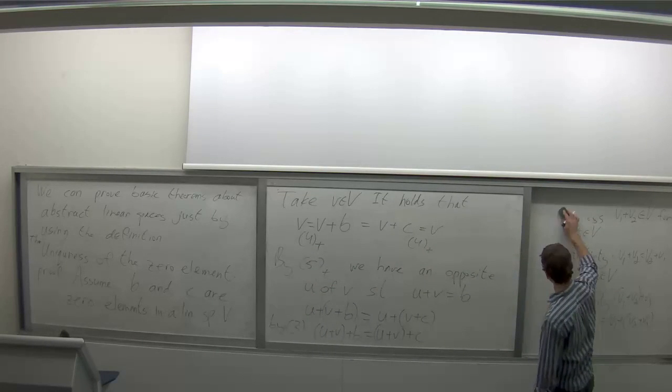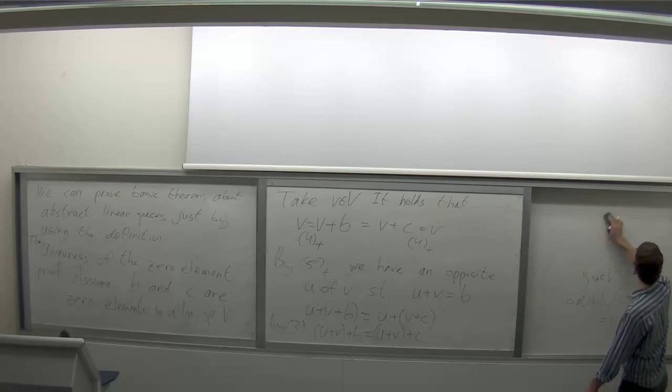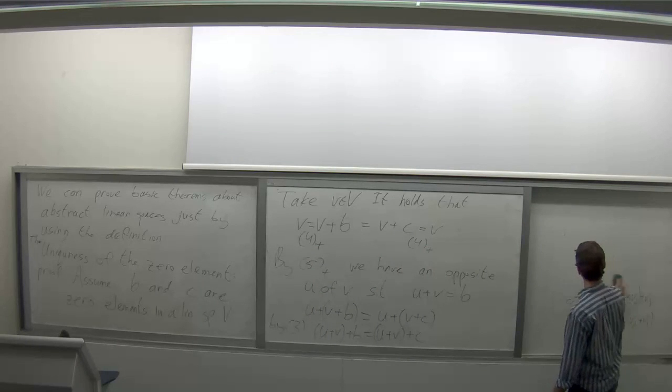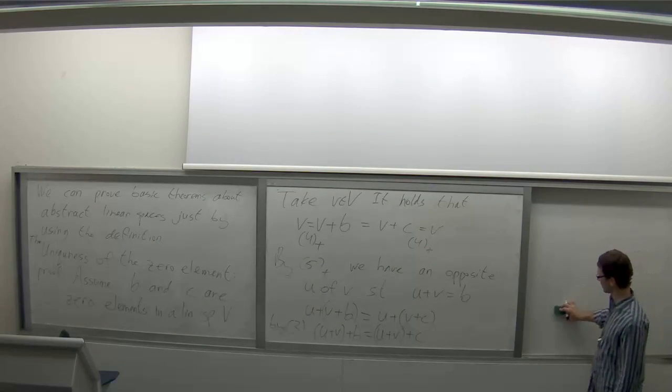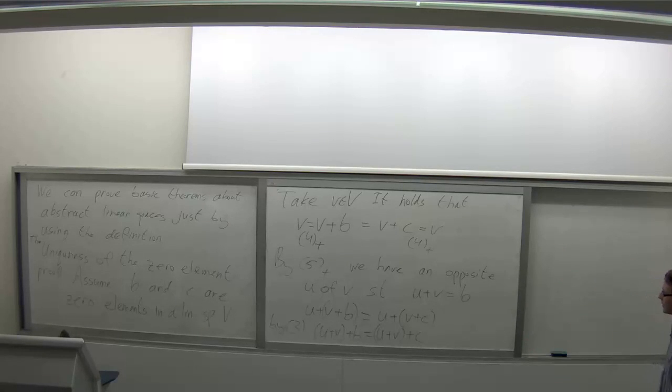And U plus V, as we said, is B. In fact, we could have done it shorter, but let's go through this.